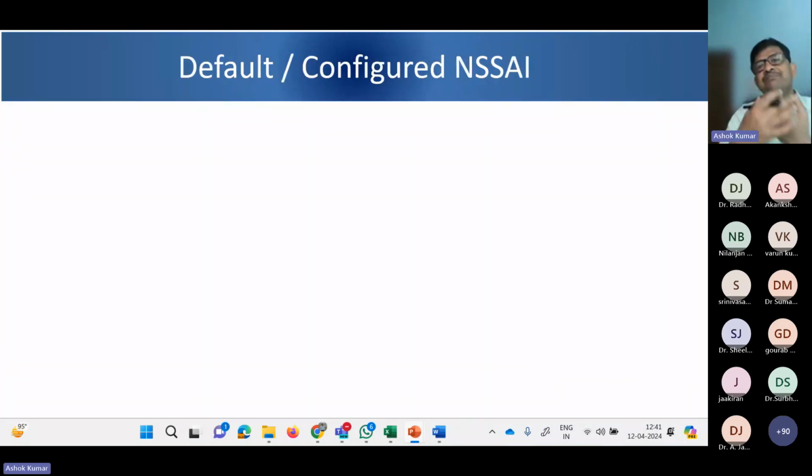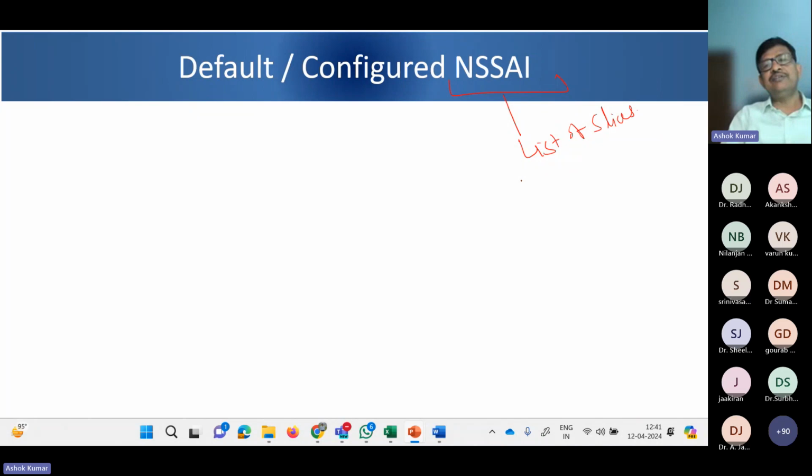Now some more concepts. There is something called default and there's something called configured. As I had explained, when I say network slice selection assistance information, I'm talking about a list of slices.